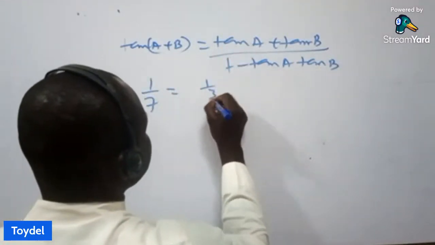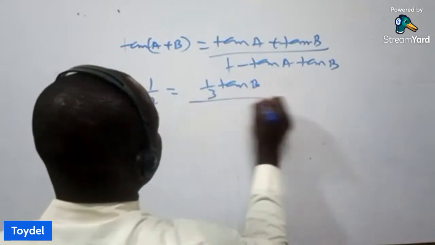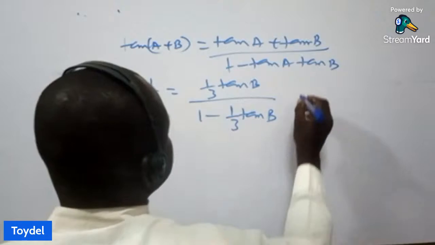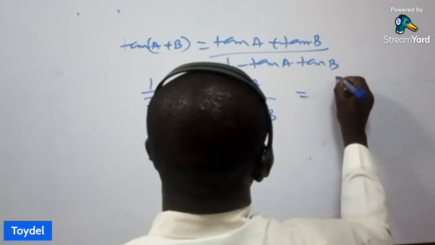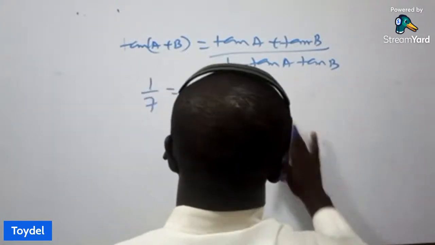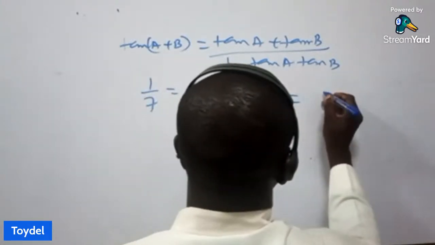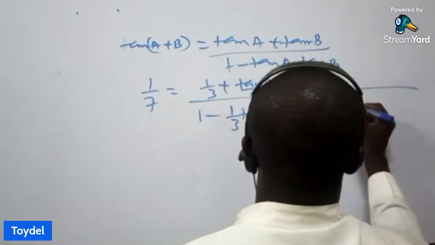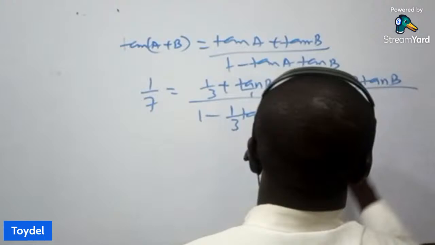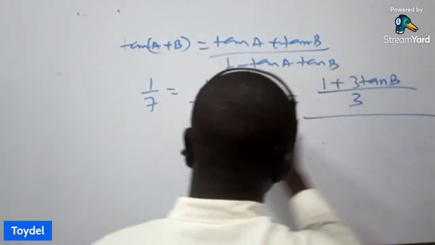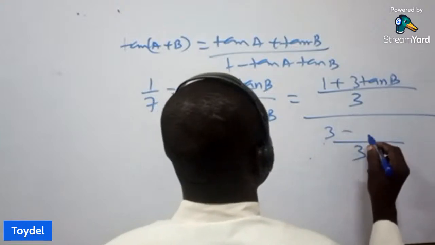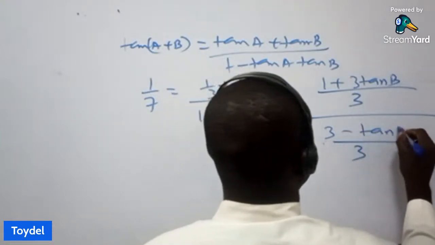Tan A is 1/3 multiplied by tan B, all over 1 minus 1/3 tan B. And this is going to give us, no, this is plus tan B. So when we find the LCM at the numerator, I will have it to be 3. So I'm going to have 1 plus 3 tan B, that's what I'm going to get. Then divided by, at the denominator, if you find the LCM, it is 3, so that will be 3 minus tan B. That's what we are going to get.